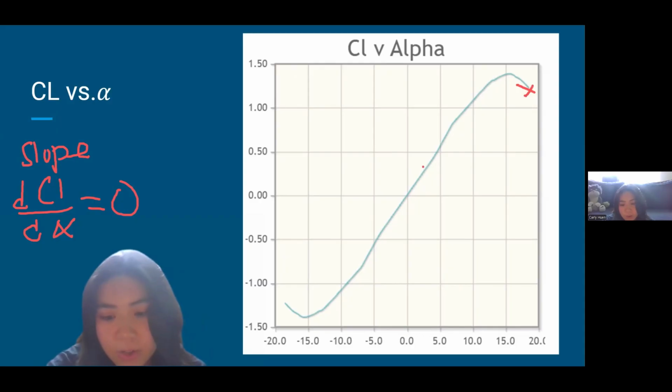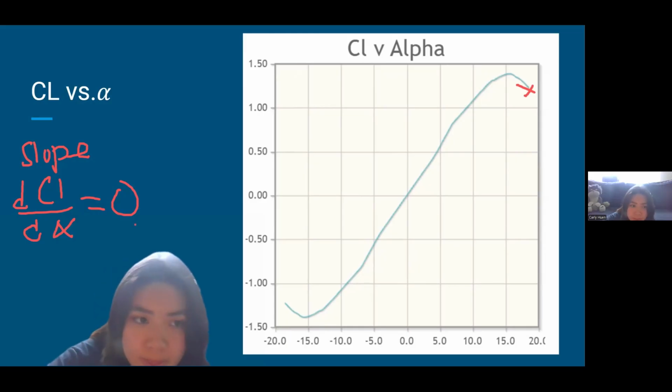First of all, your slope just means how much lift force you generate as you change your angle of attack. So as you're steering, how much lift would you generate? So how much steering would you actually do as you change the angle of your vane? The steeper the line is, the more lift force you generate.